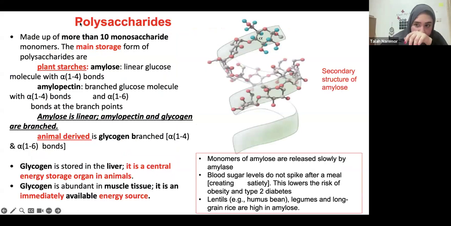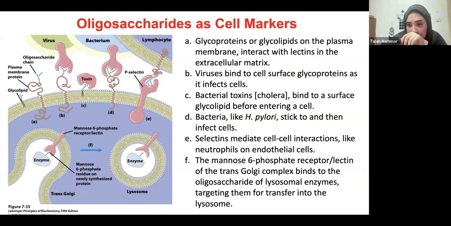We're transporting the lysosomal enzyme with the help of the entire vesicle. Basically the oligosaccharide is just a signal.